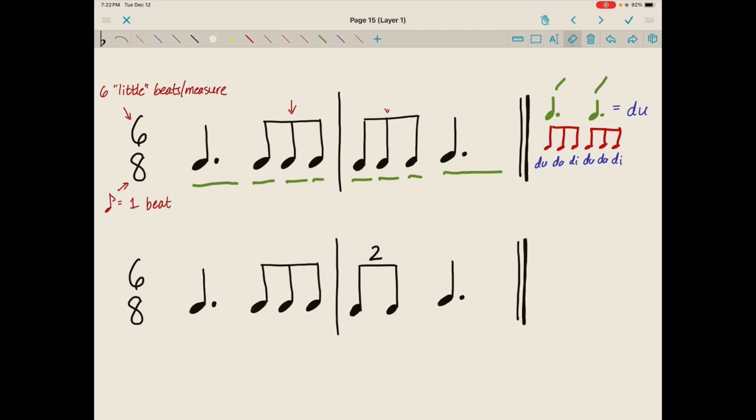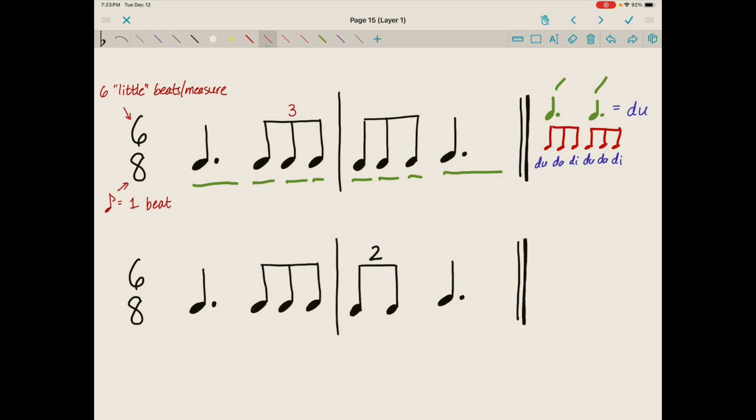this is the natural division of the pulse in 6/8 time. The beat, the big beat, naturally divides into 3 equal parts in 6/8 time. So we don't mark these as triplets. We would only see the little 3 written above a set of 3 8th notes if it was abnormal in that meter, if it was not permitted ordinarily in the meter.